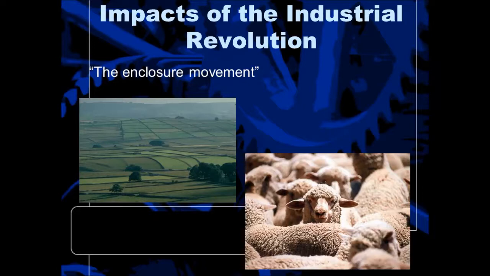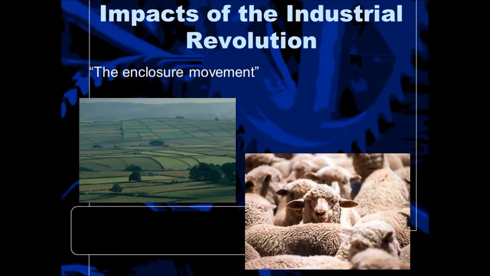Cottage industries were basically like that little old lady that I showed you doing the spinning wheel. She and others like her were the ones that spun the thread and created textiles, and people paid them. It was very slow. It was very, very costly. And these cottage industries were run by people who basically were renting land from large landowners.